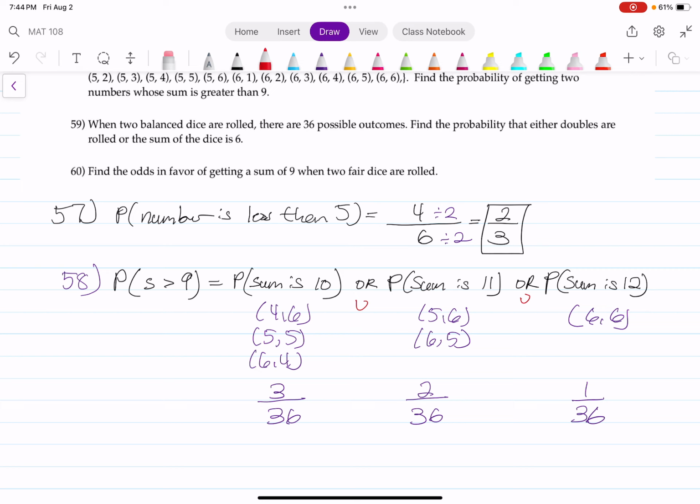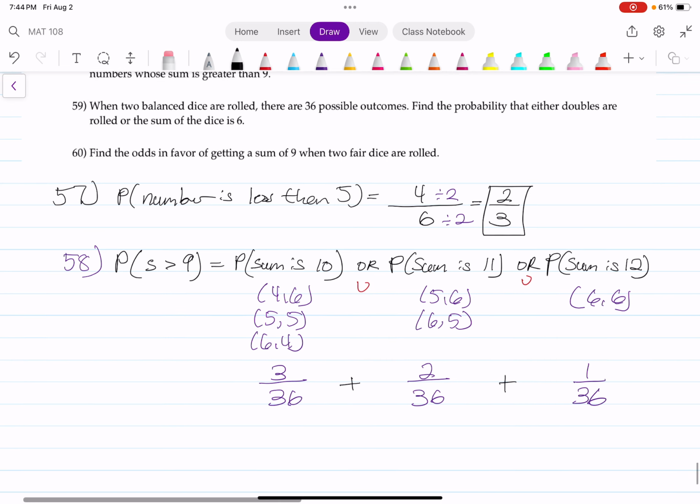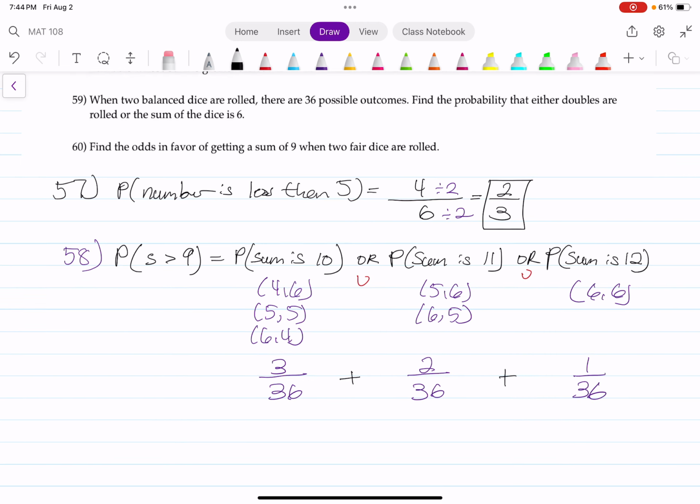So if we unite all of these outcomes, that means we are to add the probabilities. And if we add the probabilities, the probability that the sum is greater than 9 is 6 out of 36, which equals 1/6. We can divide the numerator and denominator by 6.